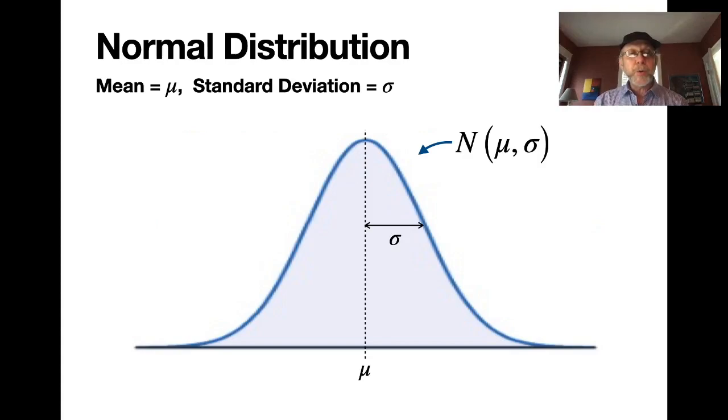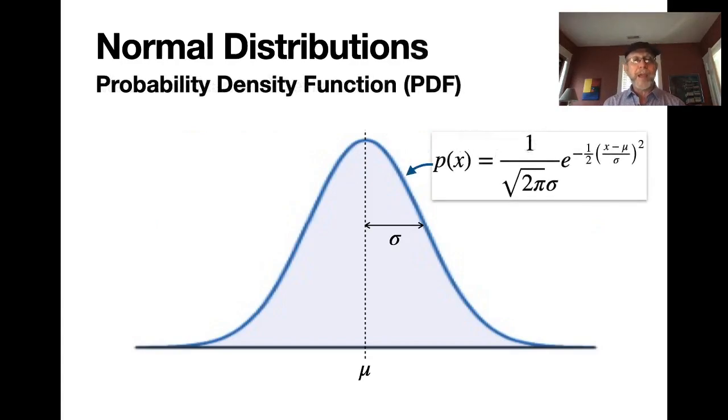I do want to show you the formula for the actual curve, the normal density curve that gives us this distribution. There you see it. I'm not going to ask you to memorize this by any means. In fact, you really don't have to worry about this much at all in terms of the problems that we'll be doing, because as usual, we'll be using software to do calculations with this curve, including the area calculations.